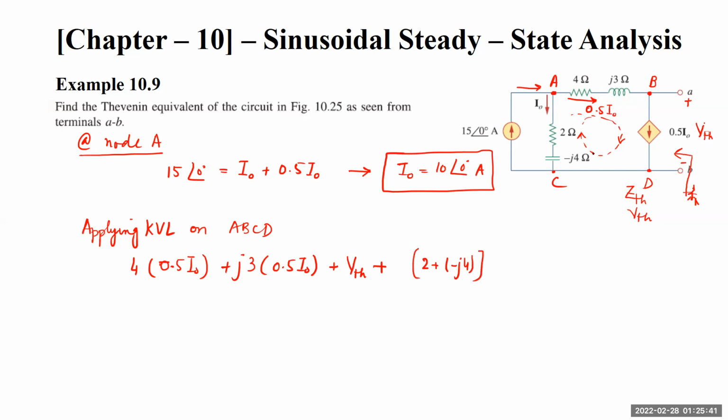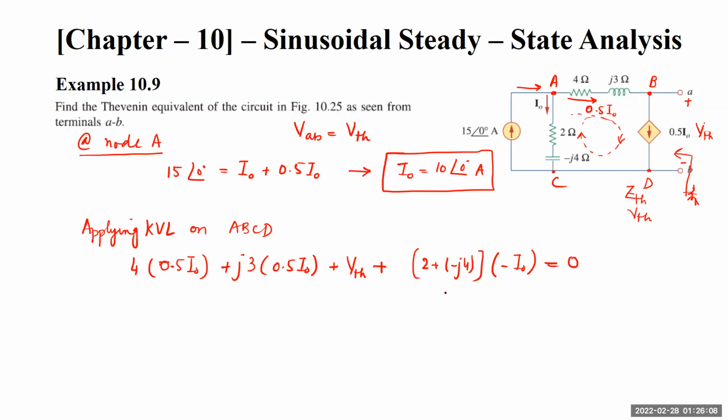In this loop we have I naught current flowing, and we are applying KVL, so they are going in the upward direction. If we make this loop, it would be minus I naught, and this is equal to 0. So this is the complete voltage, or we can also call it VAB equals V Thevenin.